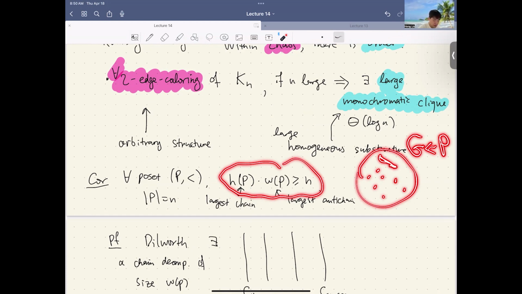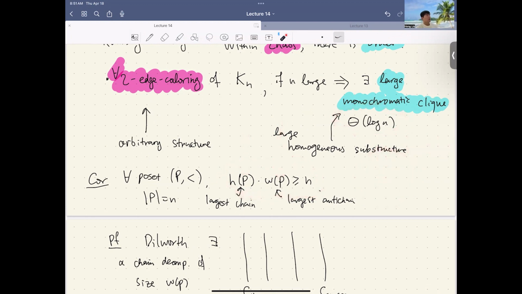So this is saying a comparability graph will contain a clique, which is a chain, or an independent set, which is an anti-chain, of size square root n, much, much larger than logarithmic. So this illustrates the phenomenon that when you have more structure, which is the transitivity property in posets, then you have a stronger Ramsey statement.